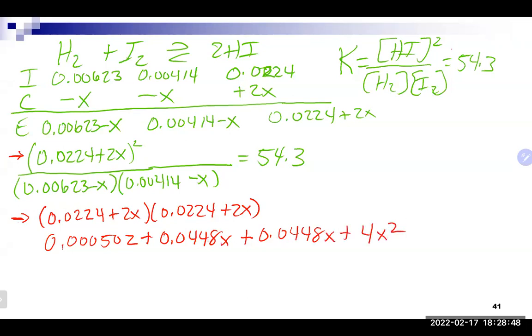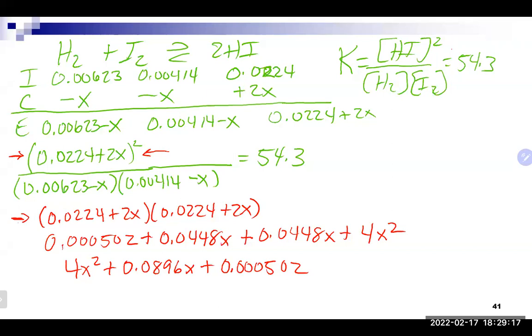We could combine the two x terms there, and I'm just going to rewrite it with the x squared first. For the top, we get 4x squared plus 0.0896x plus 0.000502. And again, that is what we get when we take care of that top term. Any questions so far on that?